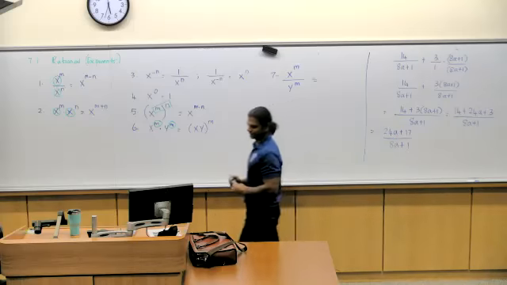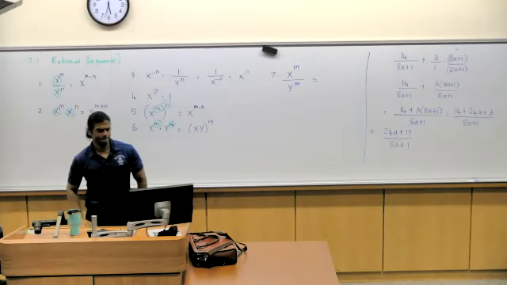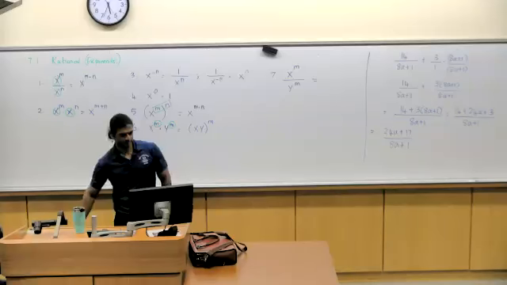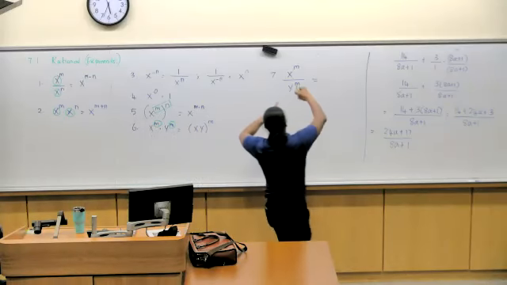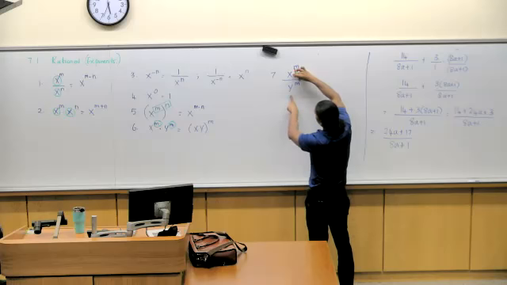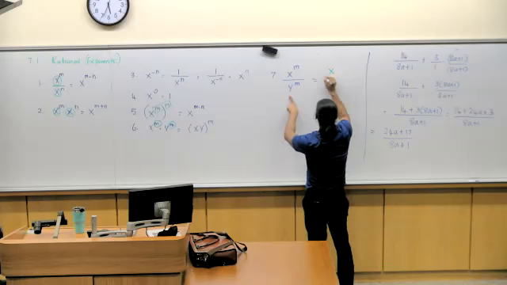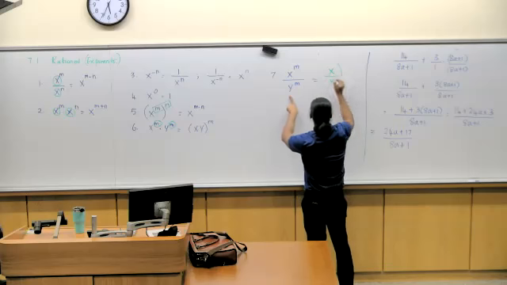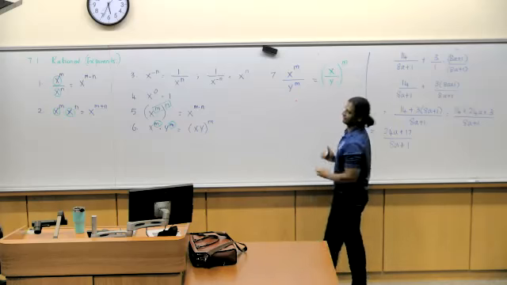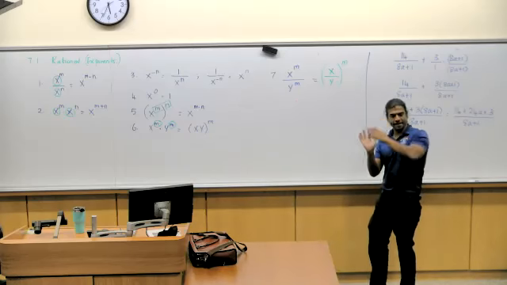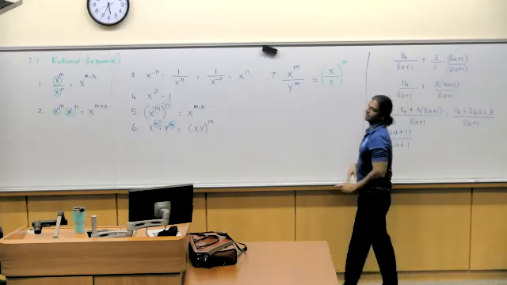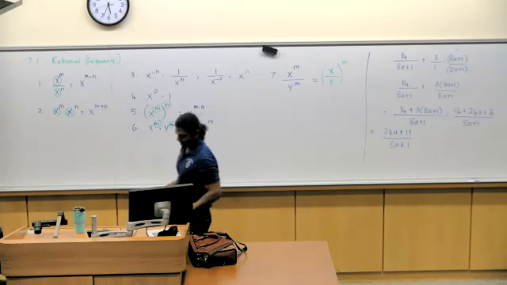Take a guess. x over y: different bases, identical powers. So x over y raised n. I just combine the x and y and raise it to that common power.